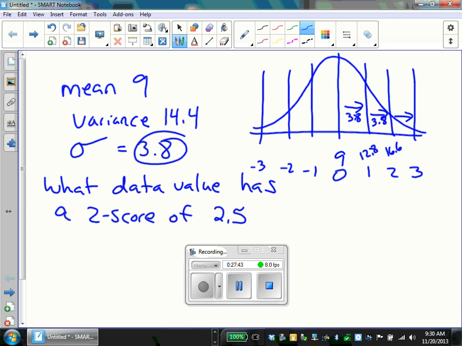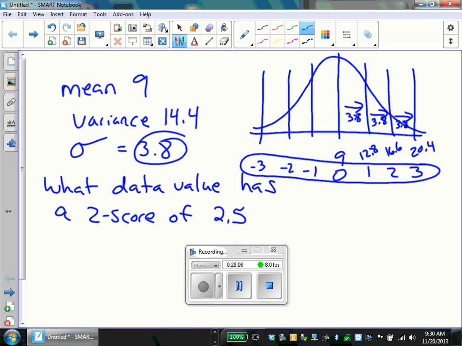If you go another direction, it's 3.8, which is 20.4. So I saw some people taking a 2.5 step. No, the step is not worth 2.5. I'm wanting to know what the z-score of 2.5 is. So I'm saying 2.5 is one of these things down here.